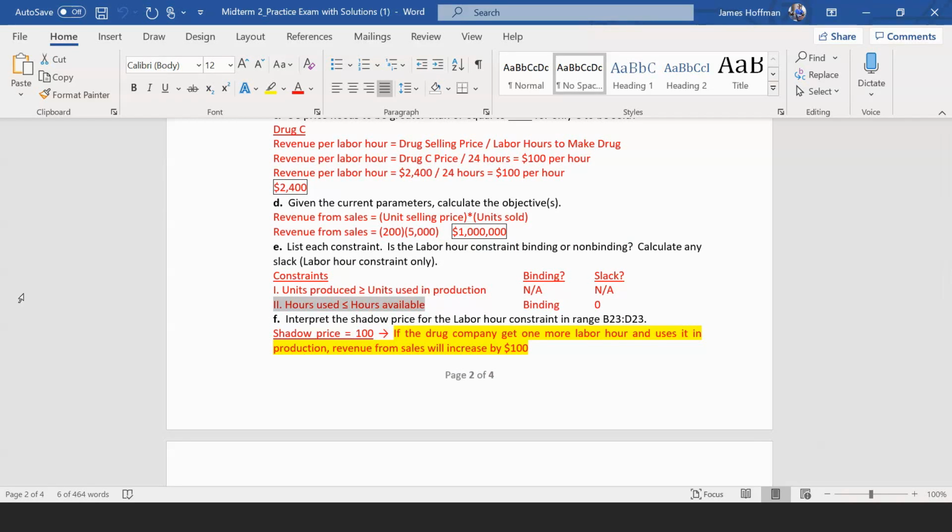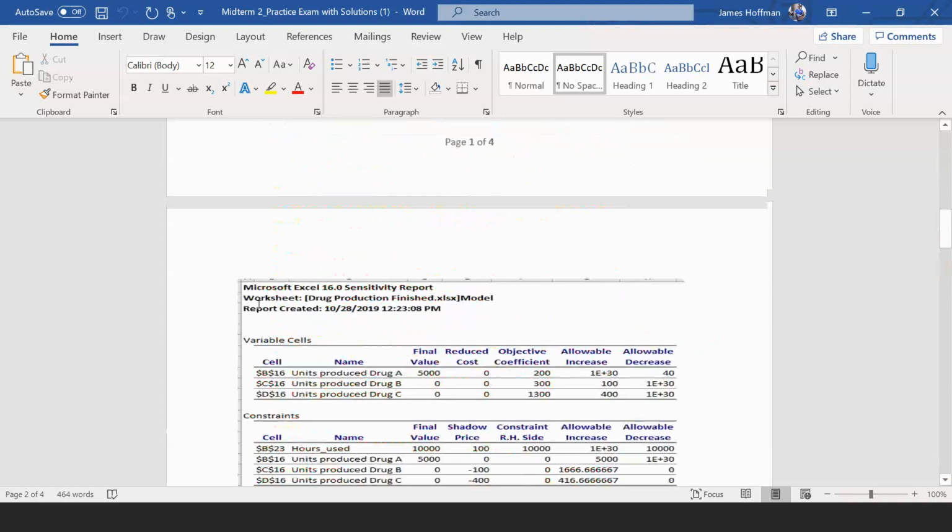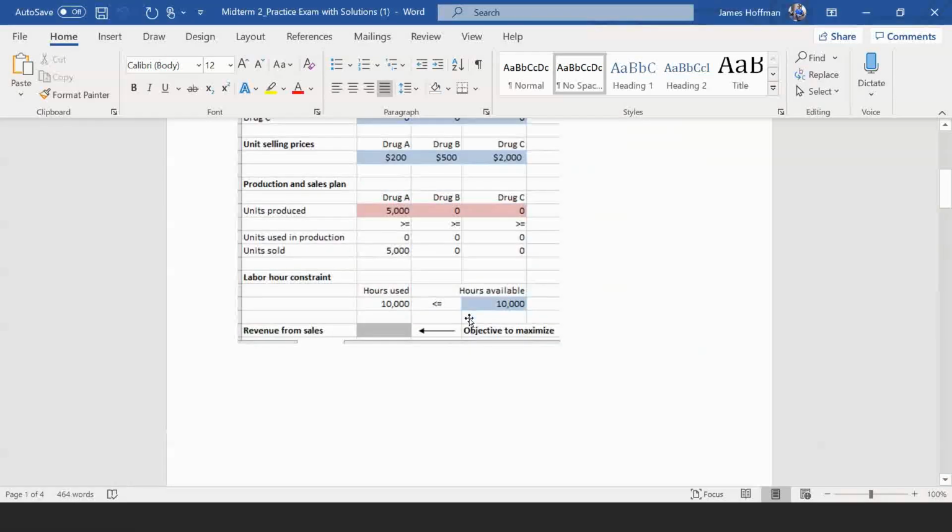Now the other part of this question is just to write, we listed the constraint. And the second part is the labor hour constraint, binding and non-binding. All right, so you remember this part from a few weeks back. Okay, so look at the numbers.